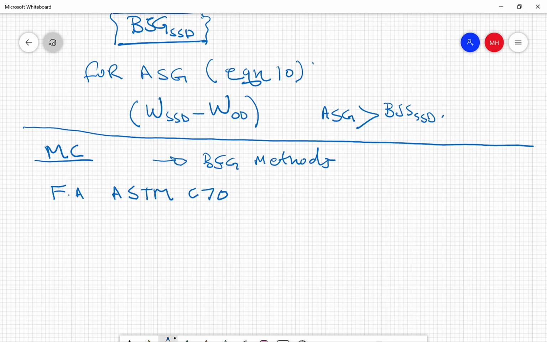So for a given aggregate sample from a stockpile, we can write this relationship. We have the weight, denoted by the subscript stock, meaning stockpile, equals the weight in the SSD condition plus the weight of the moisture content.